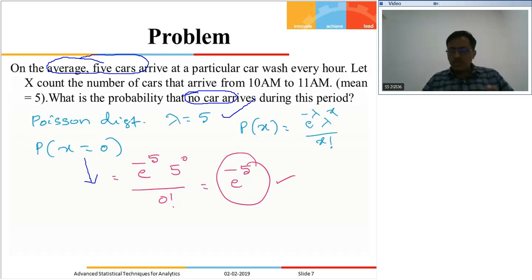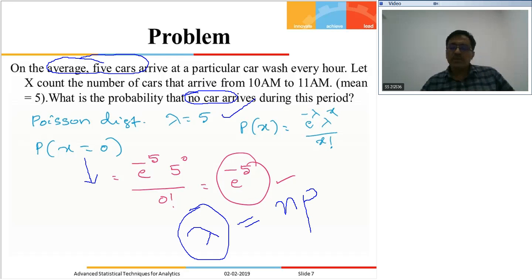They have to give the parameter value, or sometimes if they don't provide lambda, then we have to look for N and P. If these two are available and we are going to fit a Poisson distribution, if lambda is not available, then we use lambda equal to NP. So we need N as well as P, where N is the number of trials and P is the probability of success, with N very large and P small.